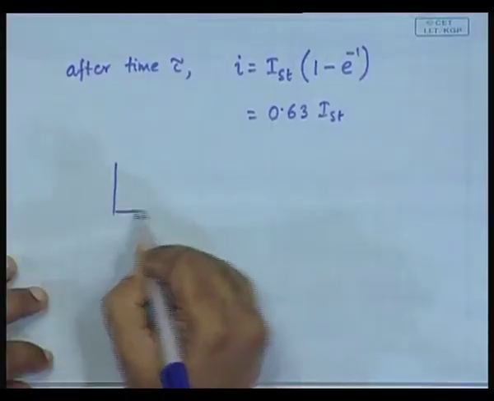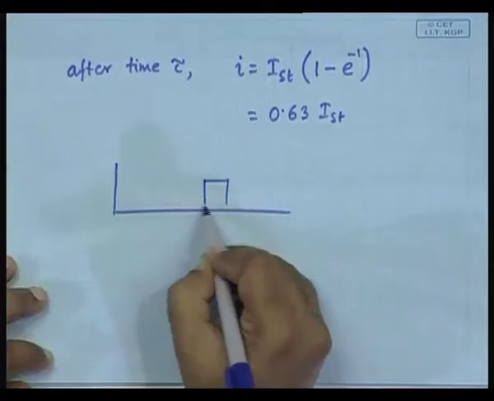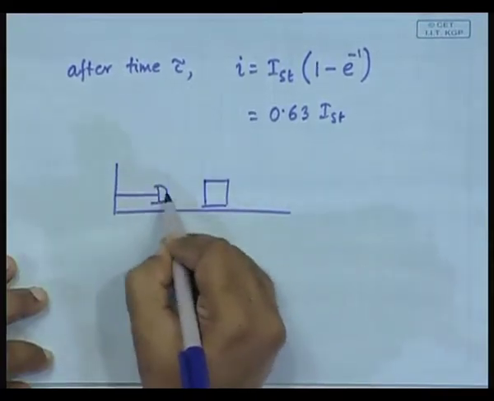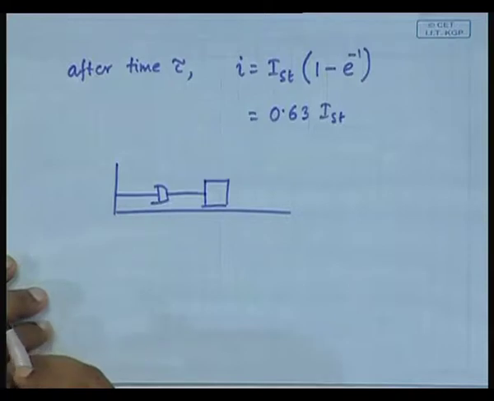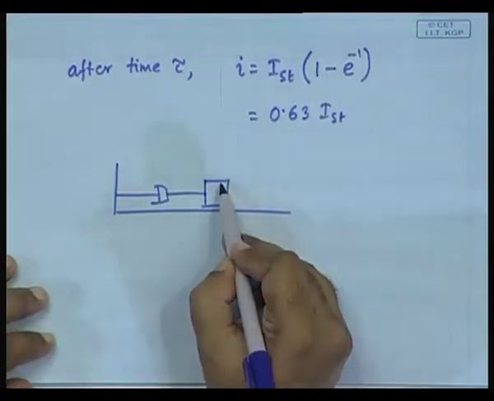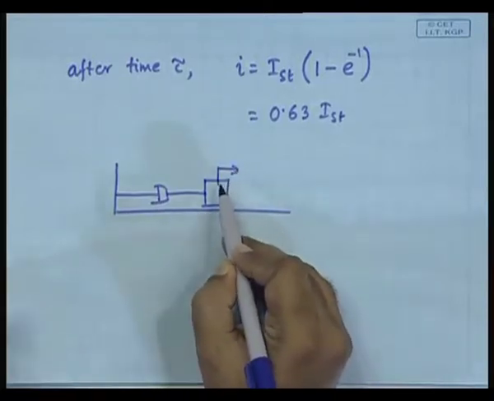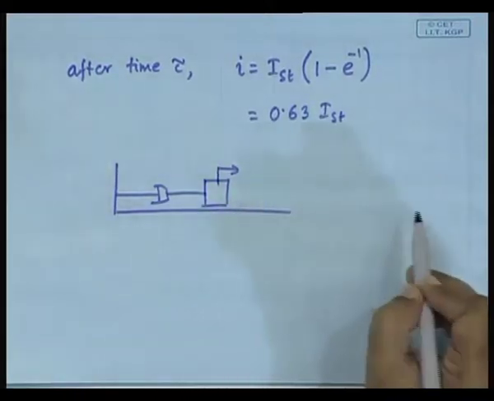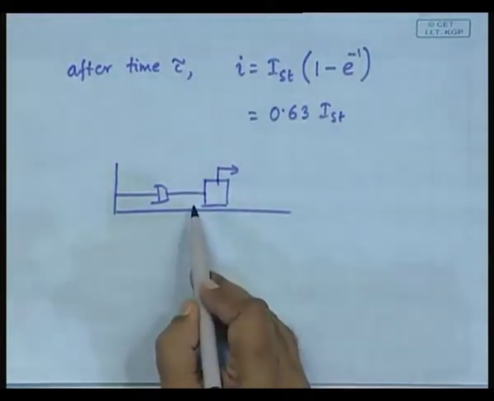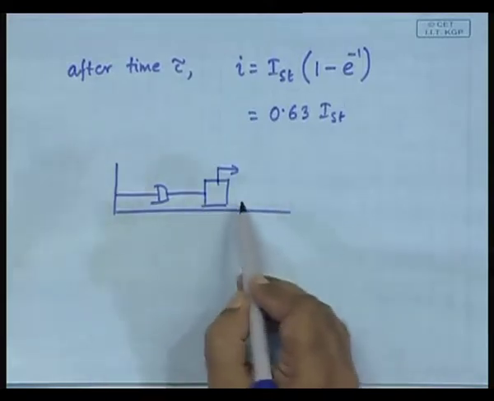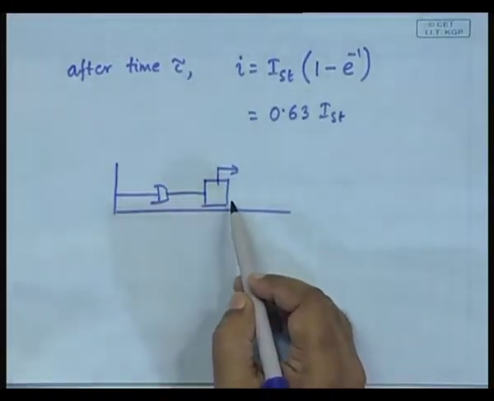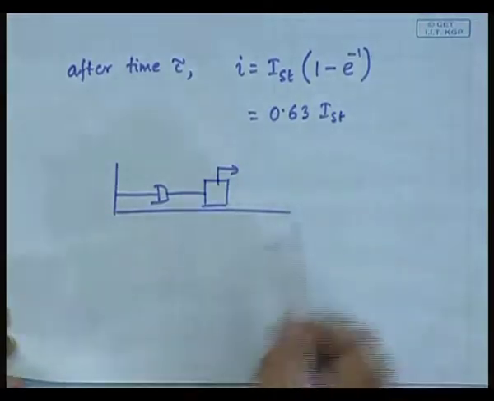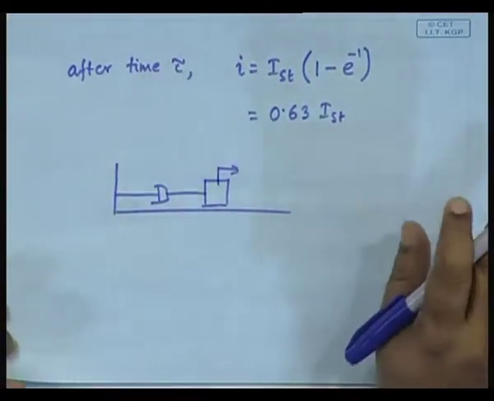So, a system which is something like this, a mass, and then it is acted on by a force that starts acting at a certain time. So, it will keep moving. Can you see that? It will keep moving, but the speed will slowly increase and then will reach a certain value. And then all that whatever you have learnt will be applicable in the same way.